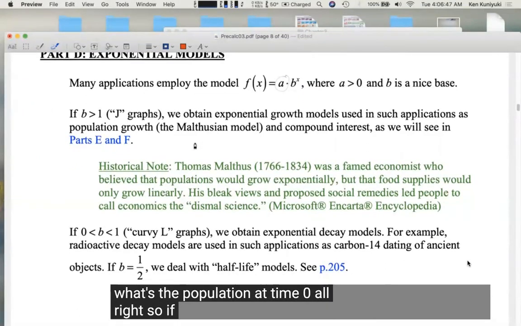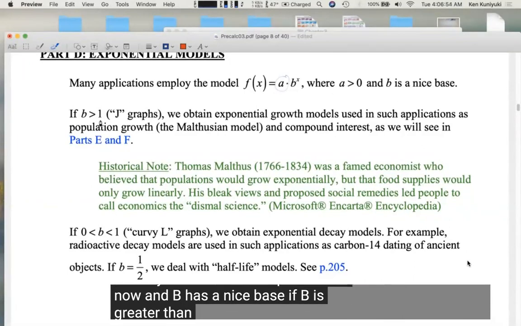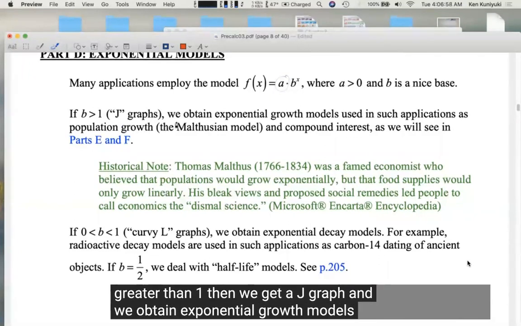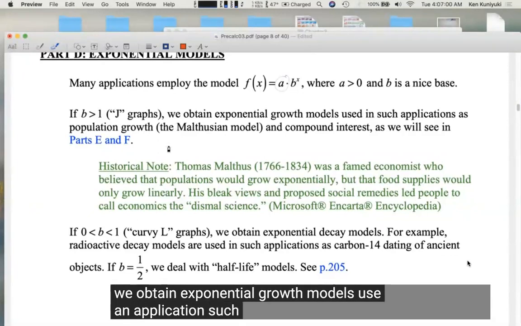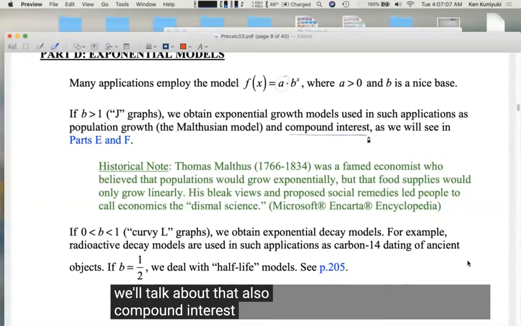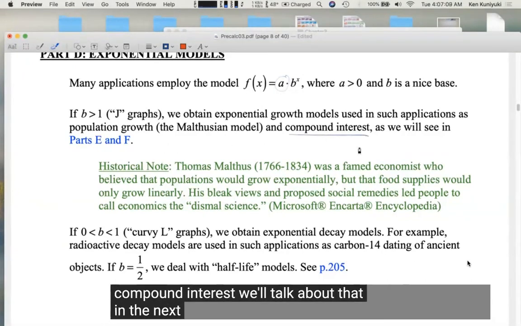All right, so if b is greater than 1, oh, by the way, let's assume a is positive for now, and b is a nice base. If b is greater than 1, then we get a J graph, and we obtain exponential growth models used in applications such as population growth, like the Malthusian model, and also compound interest. We'll talk about that in the next video.